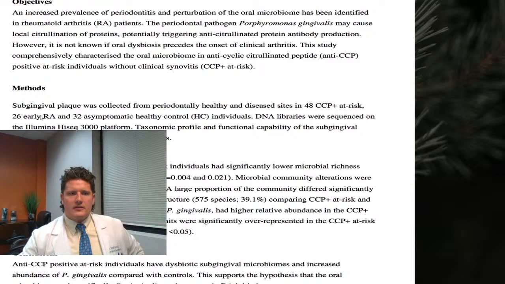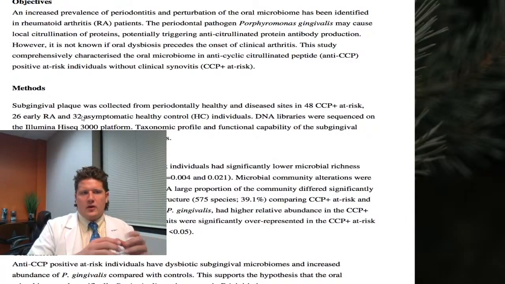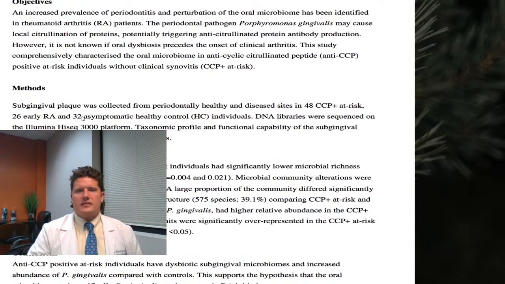And here they said the subgingival plaque was collected from healthy and diseased sites in 48 CCP positive at-risk individuals. So these are people who are at risk of developing rheumatoid arthritis. They have CCP antibodies, but they don't have rheumatoid arthritis yet. And then they compared it to 26 early rheumatoid arthritis patients and 32 asymptomatic healthy controls.